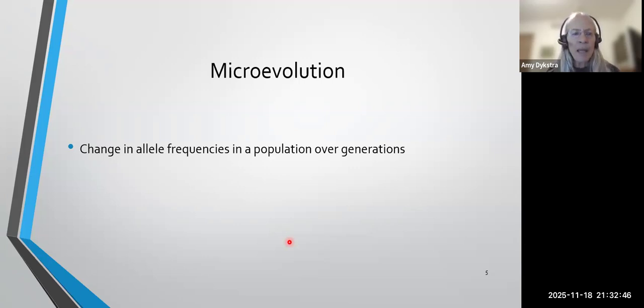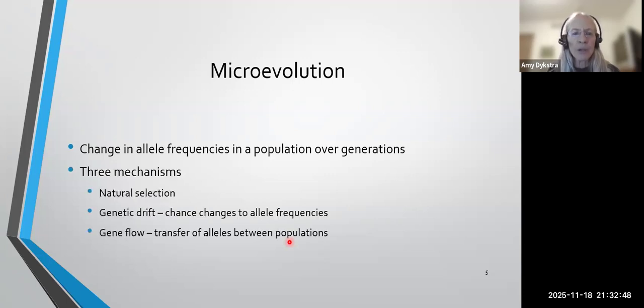And there are three main mechanisms that result in change at the population level when we measure it based on changes in allele frequencies. Those three mechanisms are natural selection, which we talked about in our first two lectures, the idea of differential reproductive success based on traits that certain organisms have.